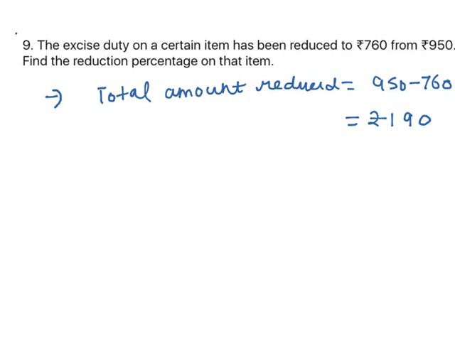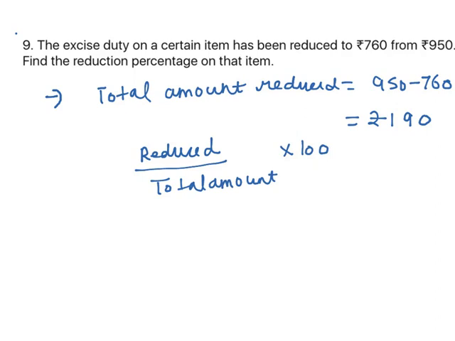To find the percentage, we have the reduced amount, as a percentage of the total amount, and we multiply it with 100, as we already know.